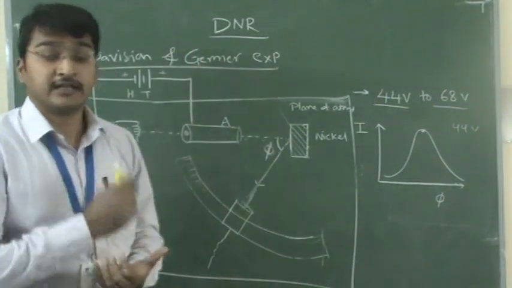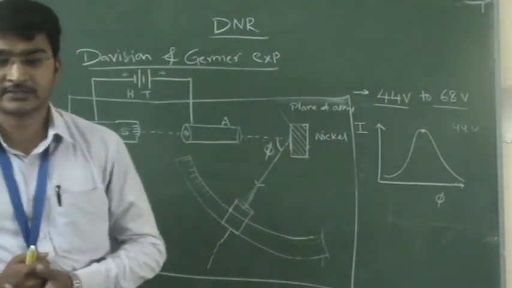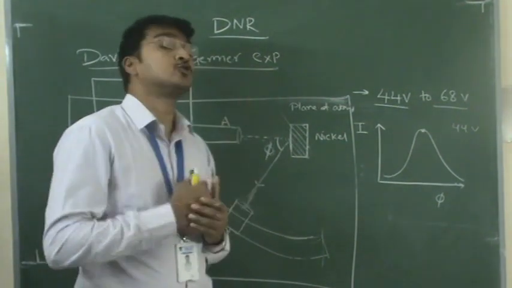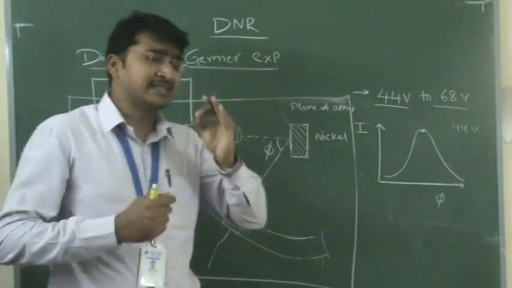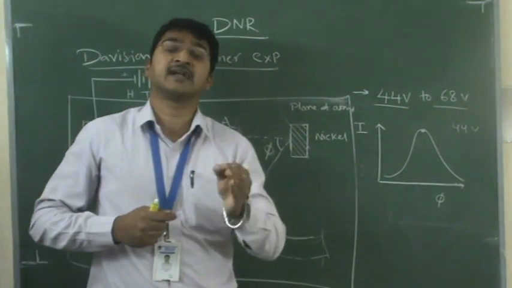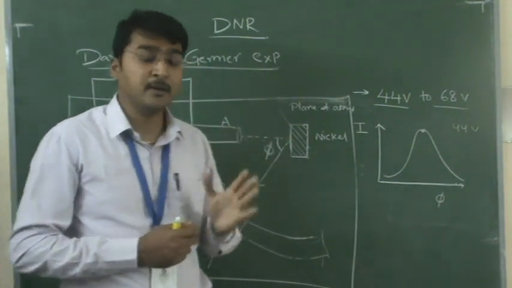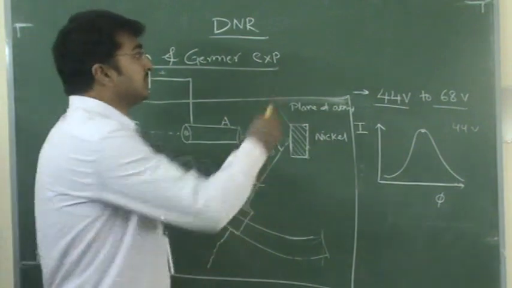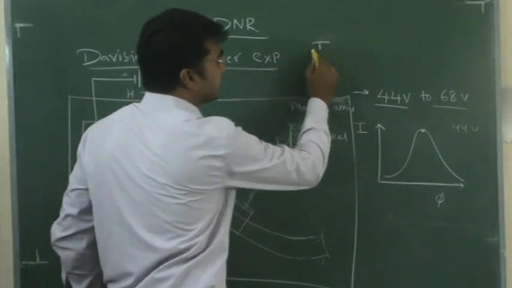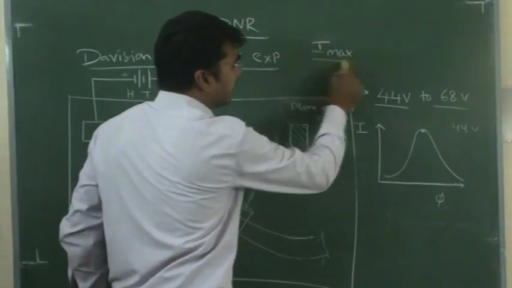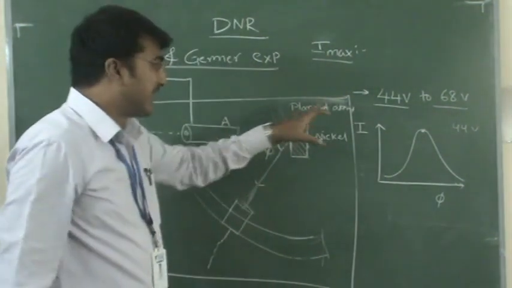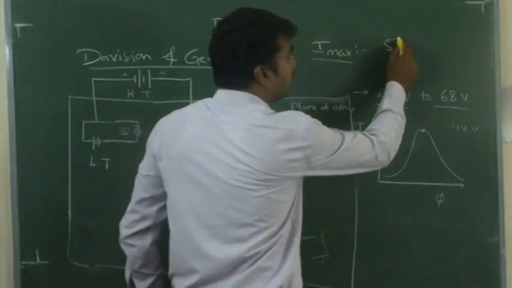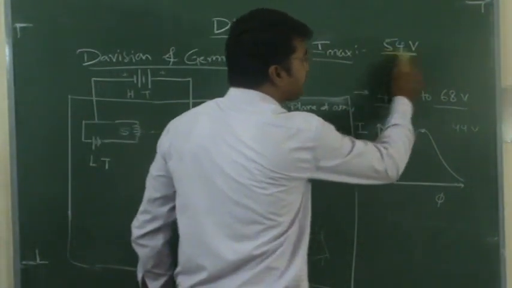Then what these scientists noticed is that they found the maximum intensity of scattered electrons at a voltage of 54 volts.